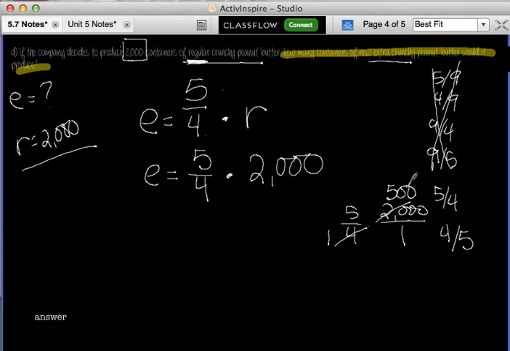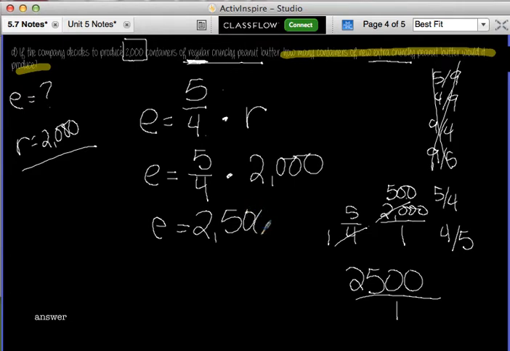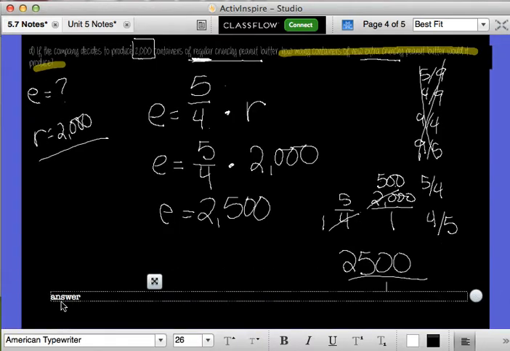And now I can multiply straight across. 5 times 5 is 25 with 2 zeros, and 1 times 1 is 1. So I know that when 2,000 regular crunchy containers are made, 2,500 extra crunchy containers should be made. And I will type that out as my answer.